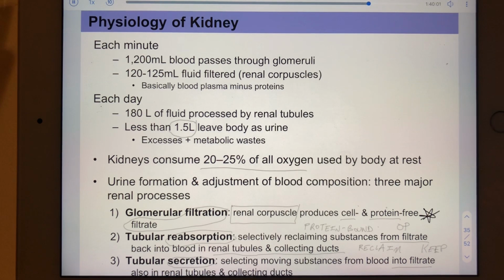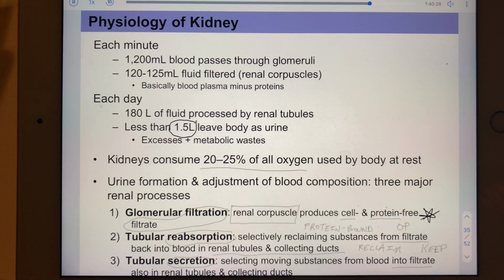Including adjustments in water content so that we're not losing all of that water. And somehow, out of that 180 liters, we only eliminate about 1.5 liters as urine every day. Wow. What a huge impact the tubules make.